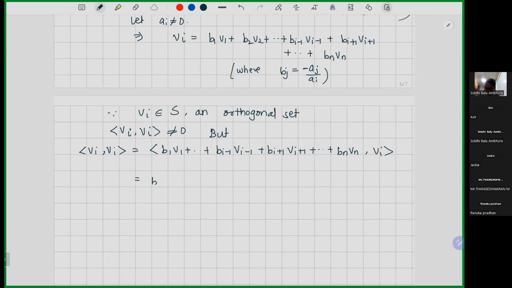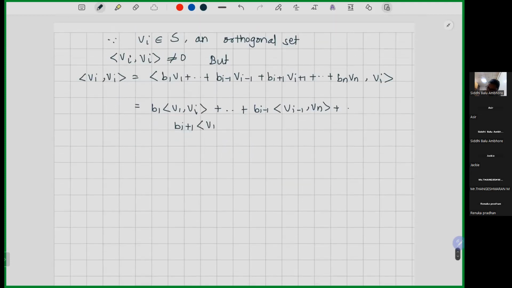Then this is b1 into v1 comma vi, plus, and so on up to bi-1. I'm taking the scalar outside and splitting this at the same time. Let me write this as well: bi+1 into vi+1 comma vi, plus bn vn comma vi.